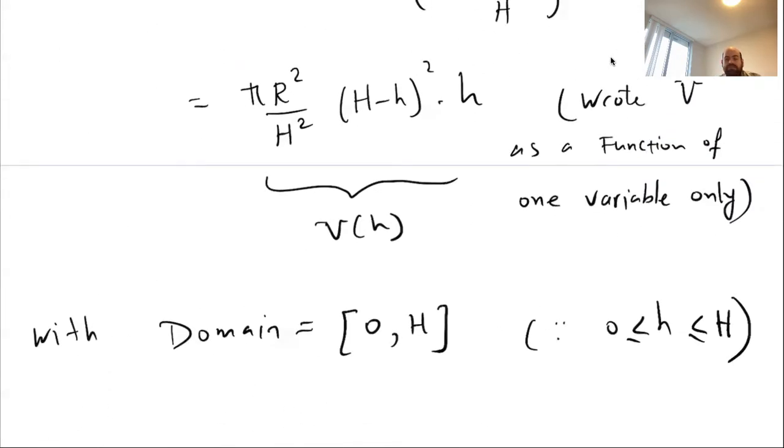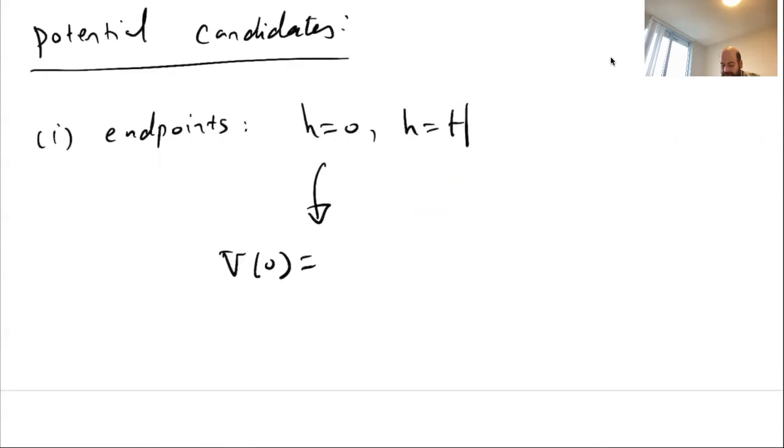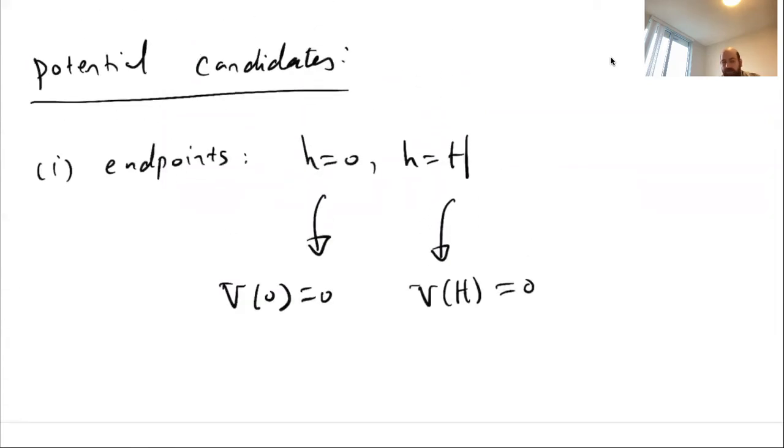If small h is 0, this output will be 0, since 0 times anything is 0. And if small h is capital H, again, the output will be 0. V of capital H is also 0. So of course, the maximum will not happen at the endpoints. The minimum happens at the endpoints because the volume is 0 for these two endpoints, and of course, we cannot have volume smaller than 0. So this is the minimum.